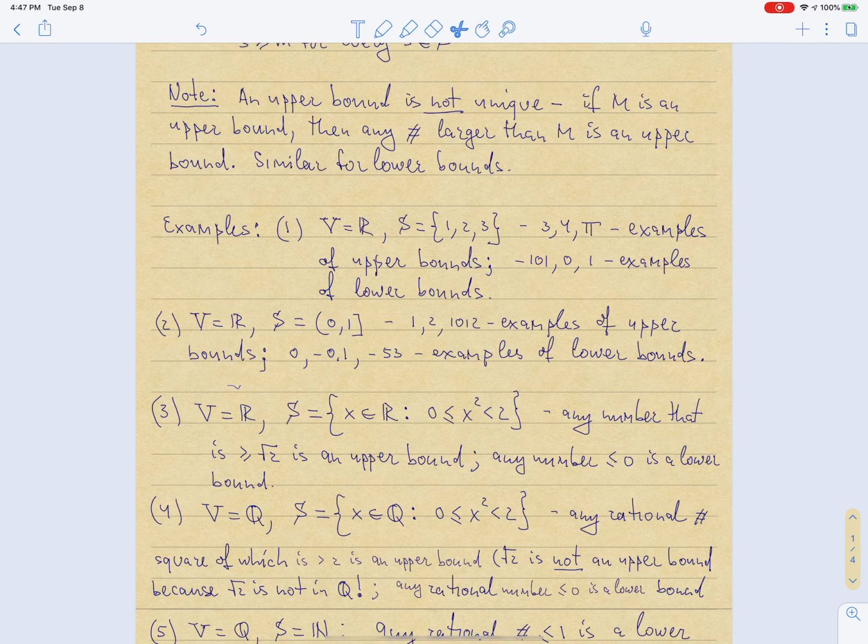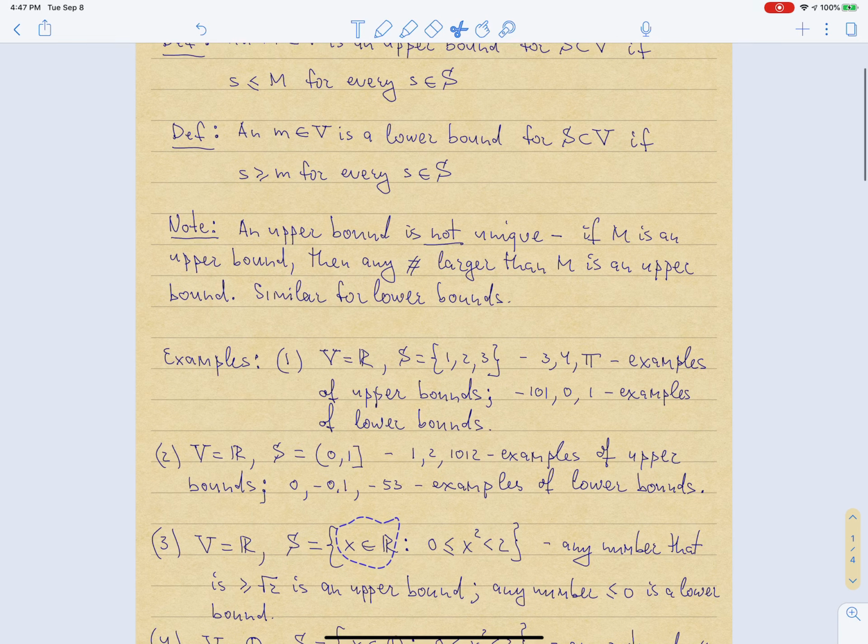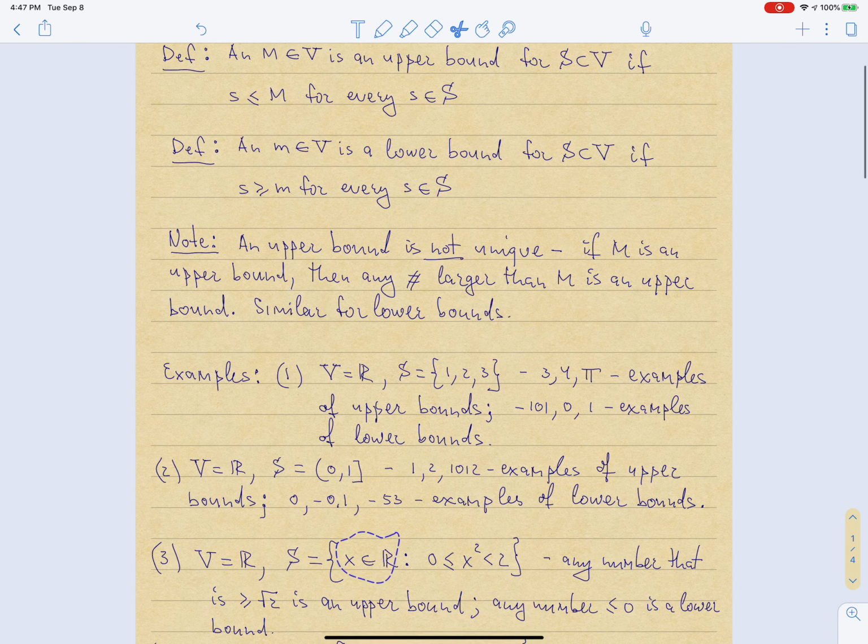Still, I'm going to take V equal to R, so I'm working in the set of real numbers. And let's take a set capital S, which includes all real x such that x squared is between 0 and 2, not including 2. Well, then this actually means that I'm looking at an interval from 0 to square root of 2, right?